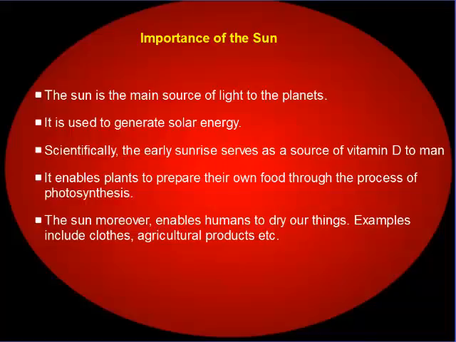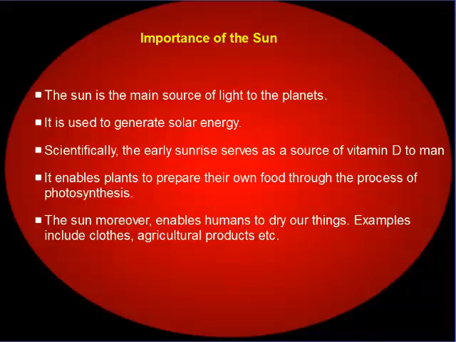Let's look at some importance of the Sun. One of them is that the Sun is the main source of light to the planets. It is also used to generate solar energy. And it has also been scientifically proven that the Sun is a source of vitamin D, especially the early sunrise.